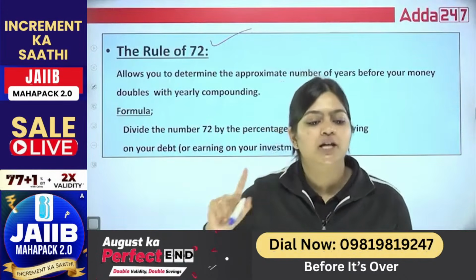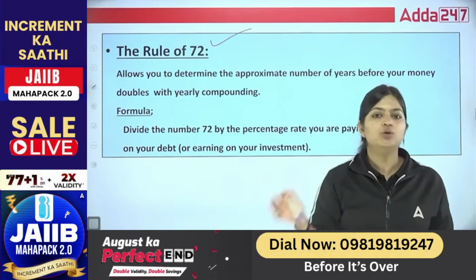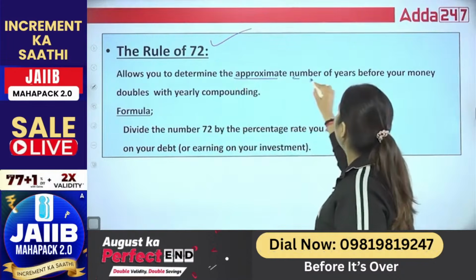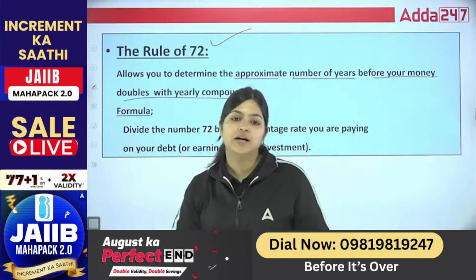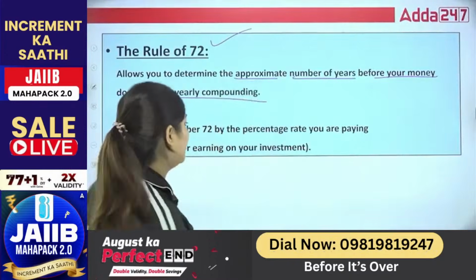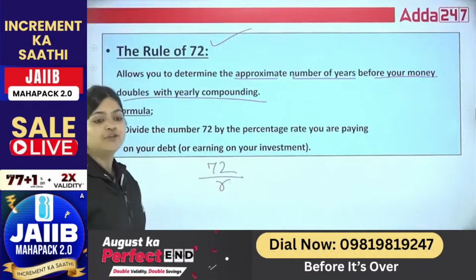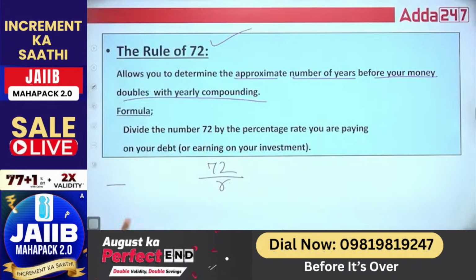For that I can use this rule, that is rule of 72. Rule of 72 you can use for knowing approximate number of years before your money doubles with yearly compounding. So this formula is 72 divided by R. Basic, very simple.